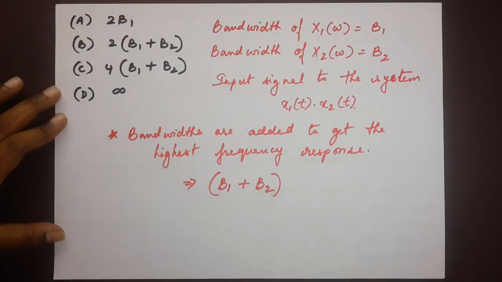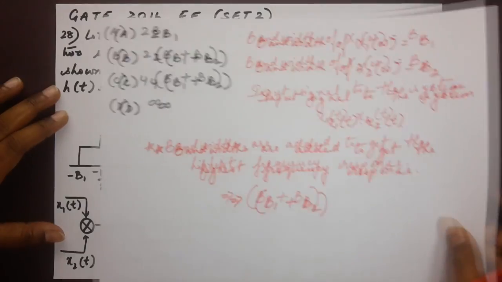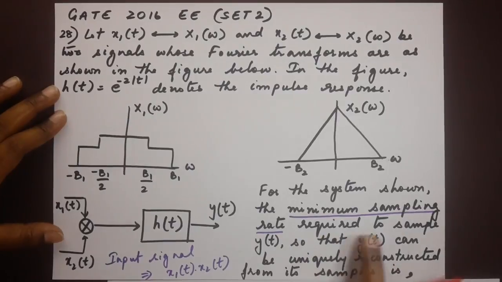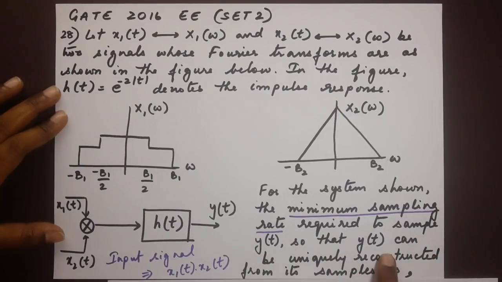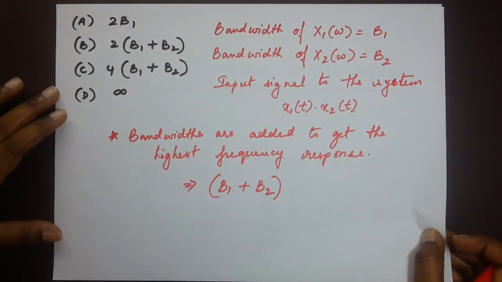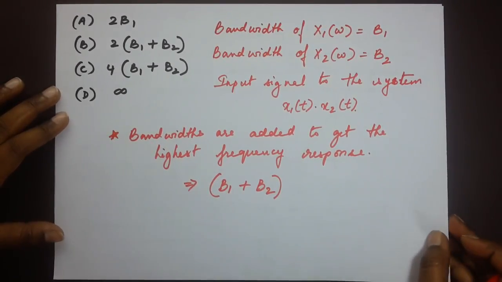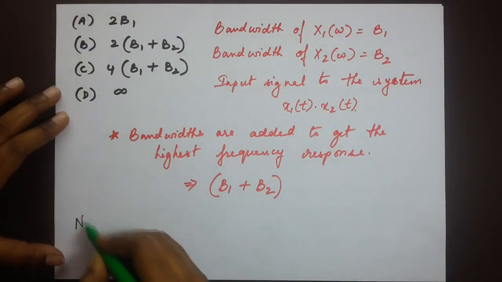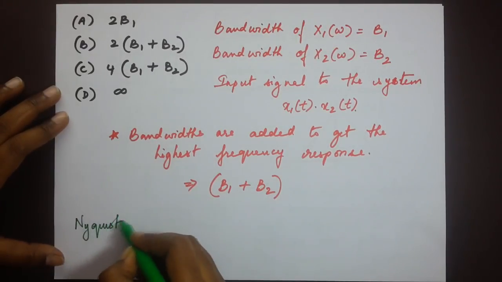But because we are talking about the sampling rate, here the question says the minimum sampling rate required to sample y of t so that y of t can be uniquely reconstructed. Now since it talks about uniquely reconstructed and the minimum sampling rate, we have to remember the Nyquist principle of sampling rate. So according to Nyquist principle, let me write that down.